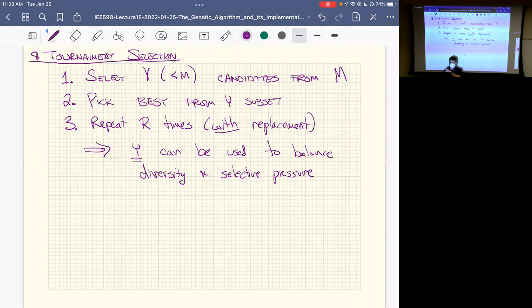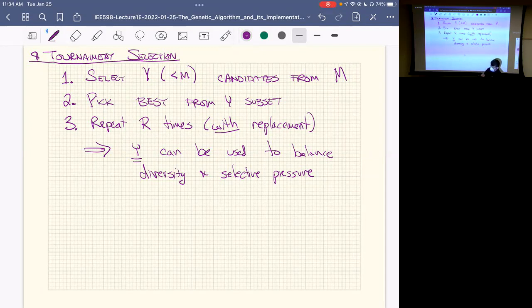Two other individuals will get chosen, and we'll look at their relative fitness, and that determines whether they get in the R population. If I choose Y equal to M, then I'm always going to take the one with the highest fitness. I'm just going to fill my breeding population with the highest fitness. If I set Y equal to 2, I have a much better chance of filling it with diversity.